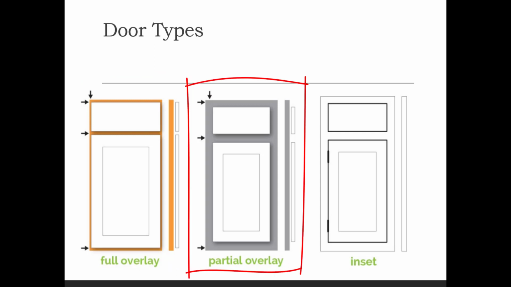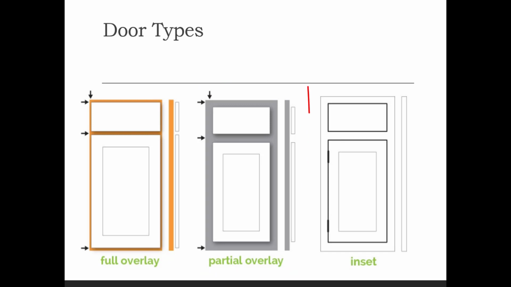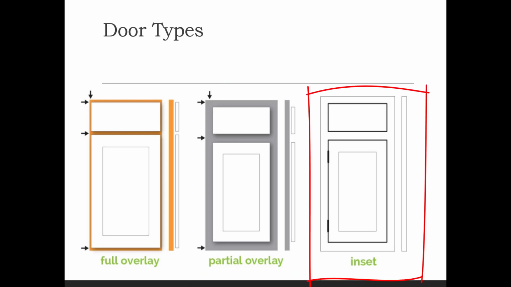Partial overlays also sit on the cabinet face, but they don't cover up as much of the cabinet face. The doors and drawers are spaced from each other, so that would allow for built-in finger pulls to be added if desired. Inset doors are flush with the cabinet face and are installed inside the door openings, and it's the same with the drawers.